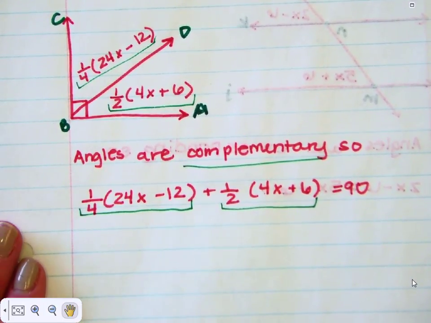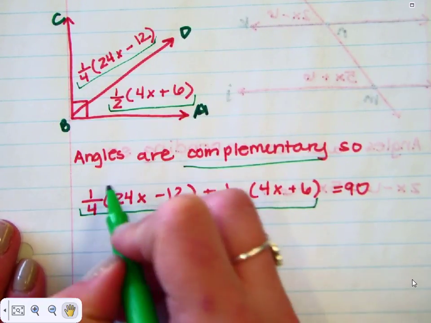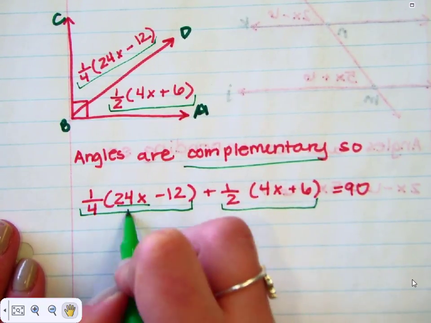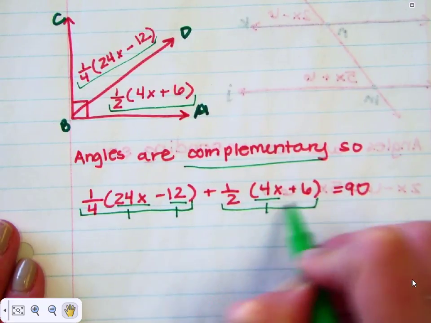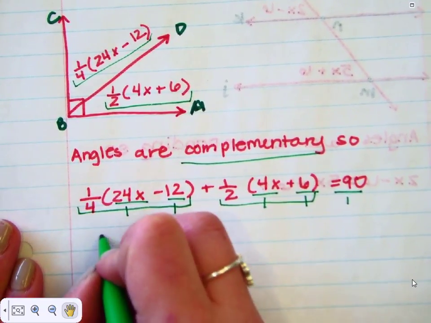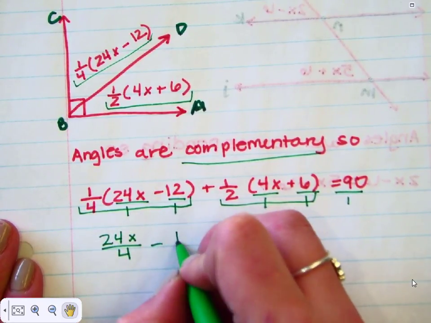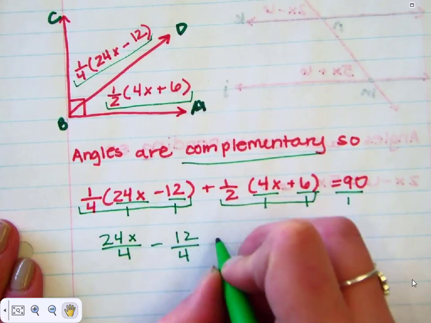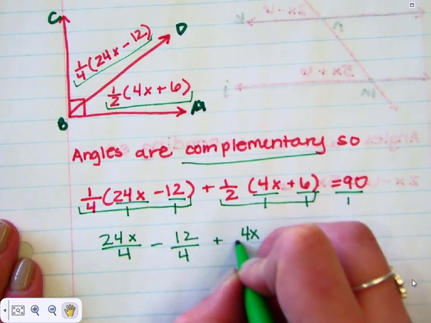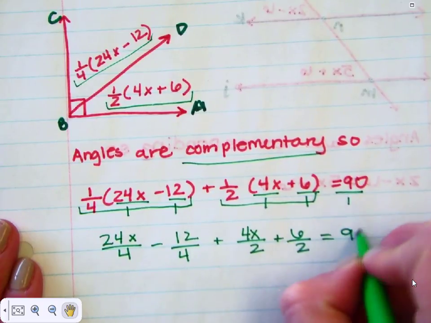So if you remember from the beginning of the year, in order to distribute fractions, I need 4 arrows, 2 on the top and 2 on the bottom. And I need to make my other numbers fractions as well. So 1 times 24 is 24x over 4 minus 12 over 4 plus 4x over 2 plus 6 over 2 equals 90.